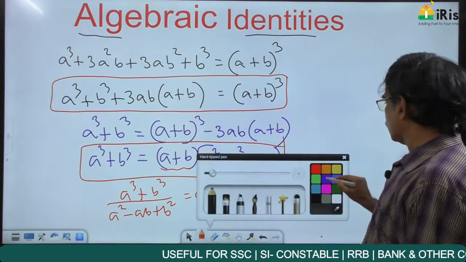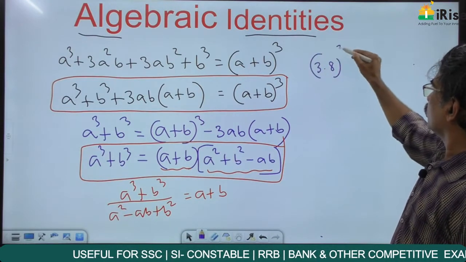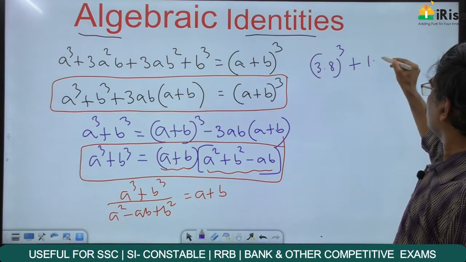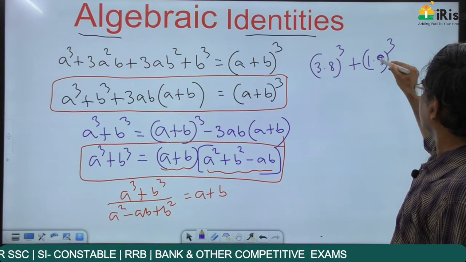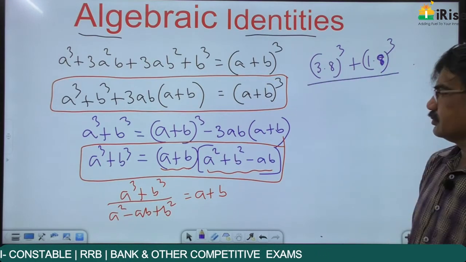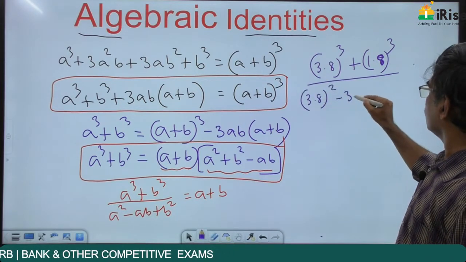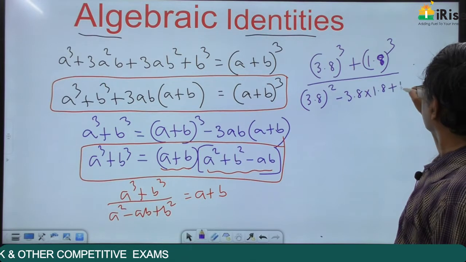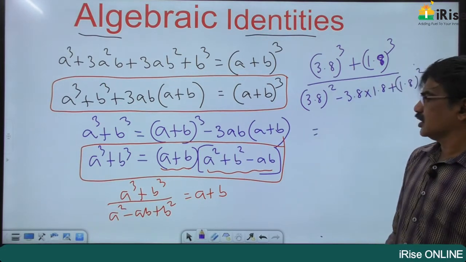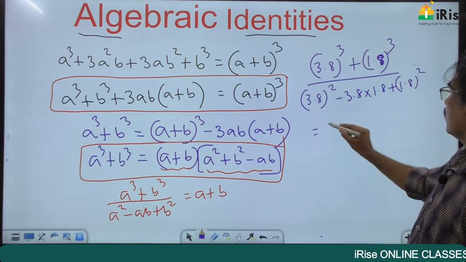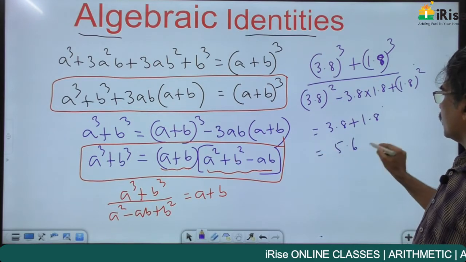This is a question in simplification. 3.8 whole cube plus 1.8 whole cube, divided by 3.8 whole square minus 3.8 into 1.8 plus 1.8 whole square, is equal to how much? It is nothing but simply a plus b, 3.8 plus 1.8, which is equal to 5.6.